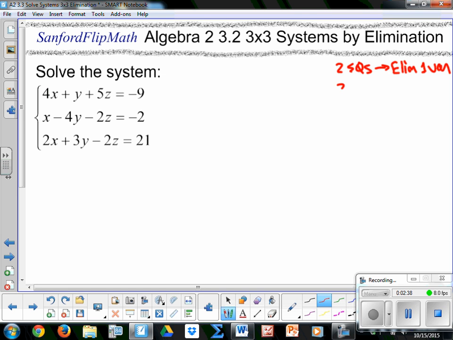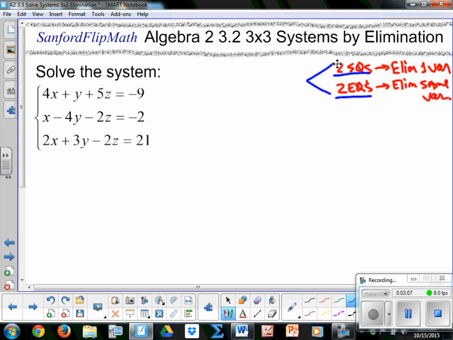Then pick 2 other equations, not the same 2, and eliminate the same variable. You pick 2 equations, eliminate a variable, and you have an equation. Pick 2 other equations, eliminate the same variable, and you have another equation.